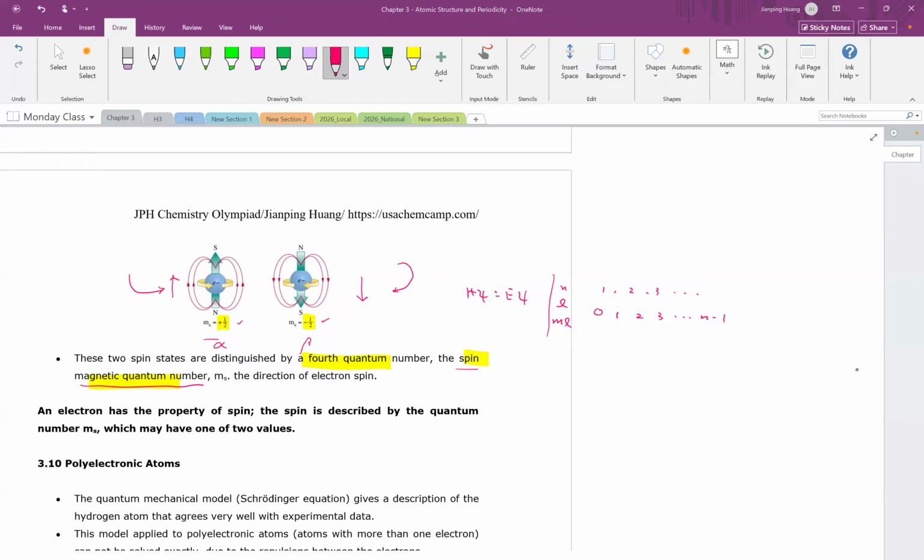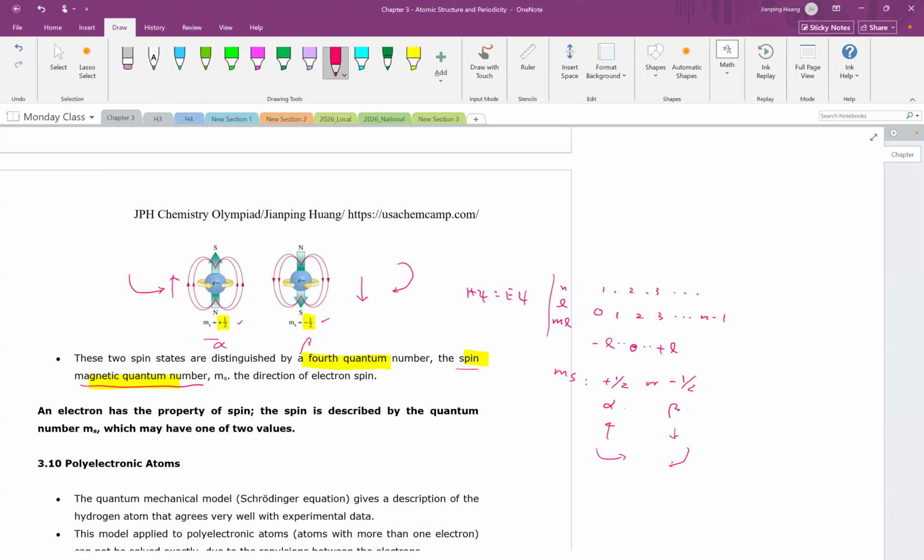For ML, you get minus L, 0, plus L. For MS, it comes from experiments, and that is plus 1/2 or minus 1/2, or alpha or beta, or up or down, or clockwise, counterclockwise.